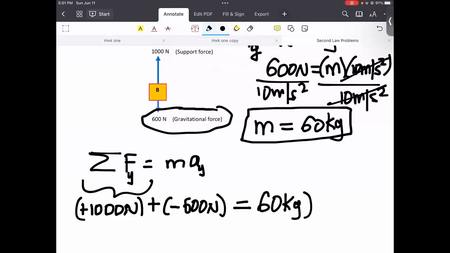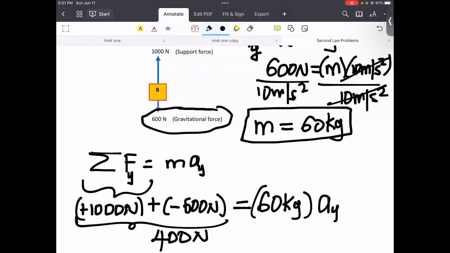and then multiply by acceleration. So we just put a sub y there. That's acceleration in the y direction. The result here is just 1000 minus 600. So that is actually 400 newtons equal to 60 kilograms times acceleration in the y direction.